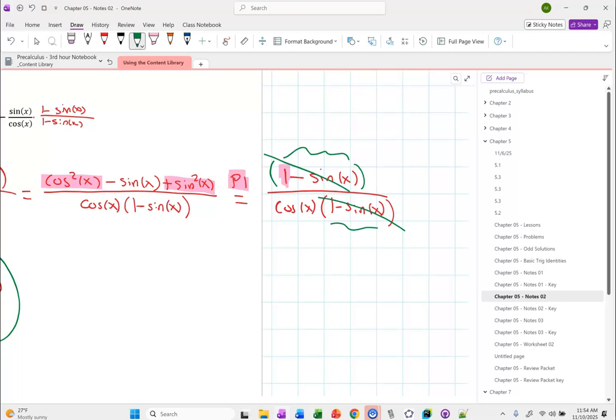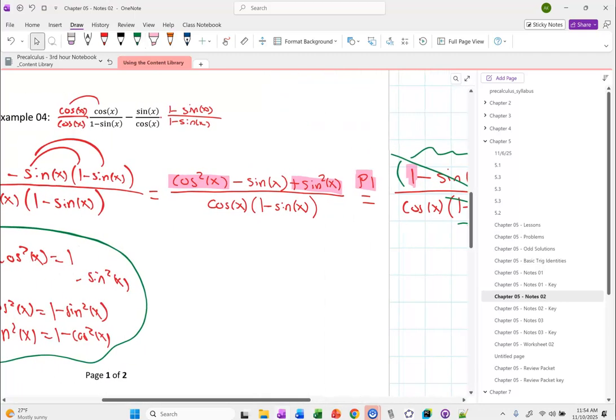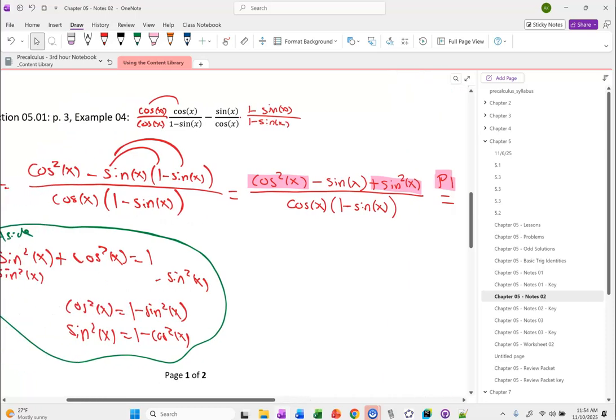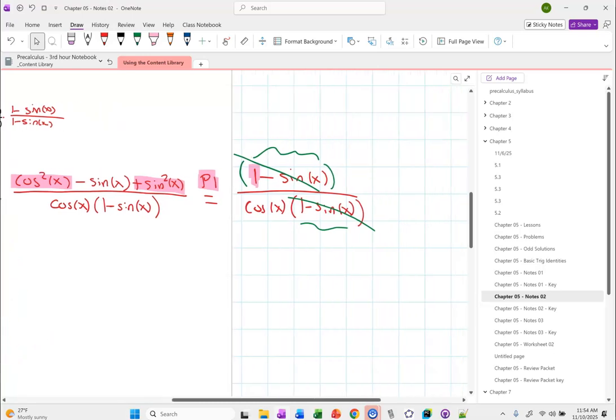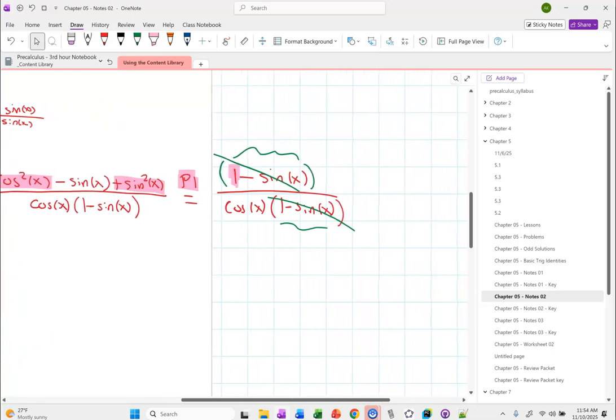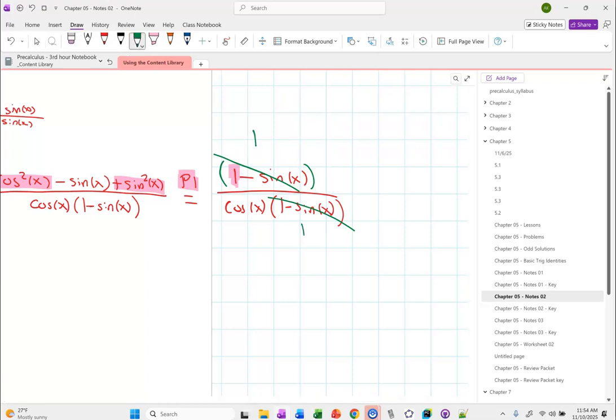Before, when you wanted to cross off a part of the thing, that's not good because there's still this thing that hasn't been reduced from. But over here, just one thing on top, crossing out with one thing on bottom, and it's all multiplication. Now, when we cross them out, remember they become ones.